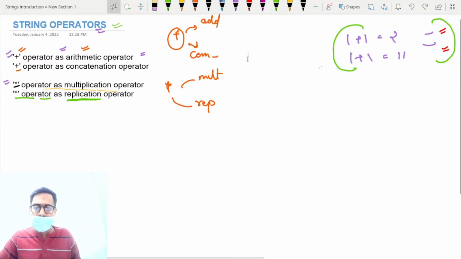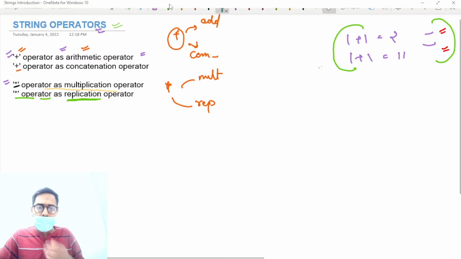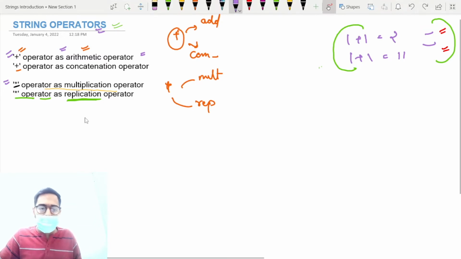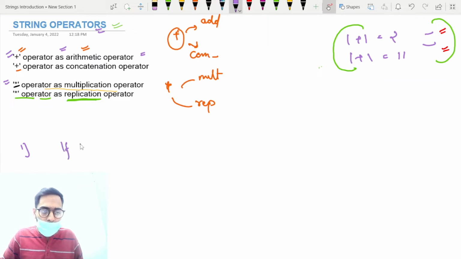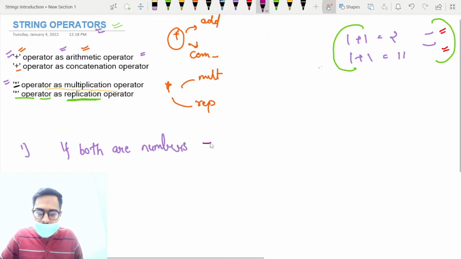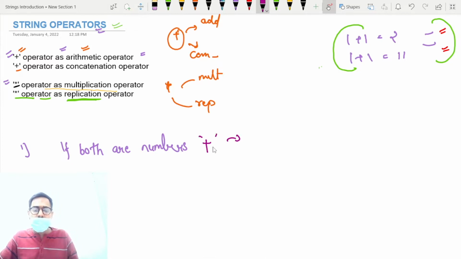Okay, now I'll be writing several points over here. If both are numbers, then the plus symbol will perform addition.